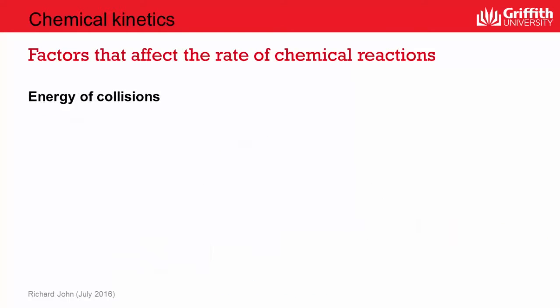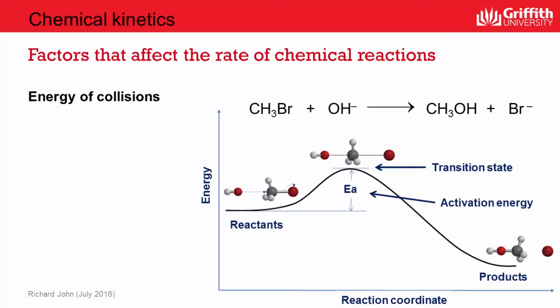The energy of reactant particles and the energy of collisions is also an important consideration. For example, in the nucleophilic substitution reaction between bromomethane and the hydroxide ion, the reactant species need to come together not only with the right orientation, but also with the right amount of energy to stretch and ultimately break existing bonds so that new bonds can be formed.